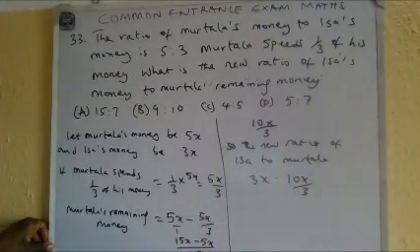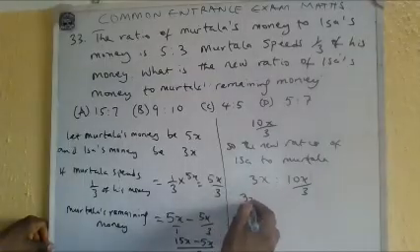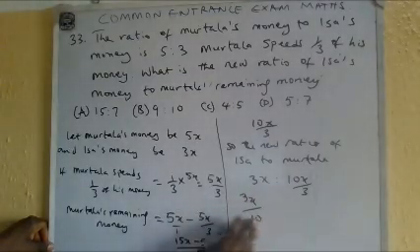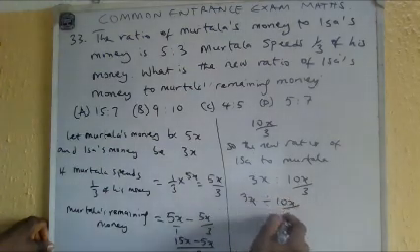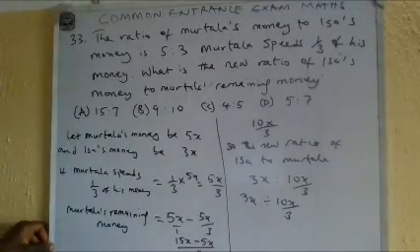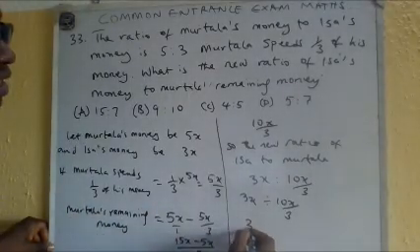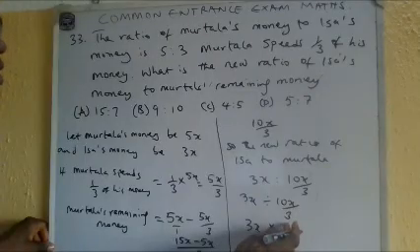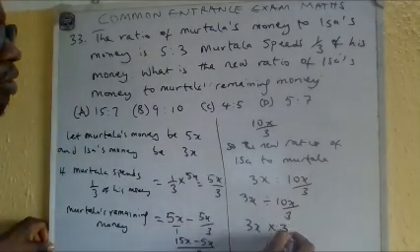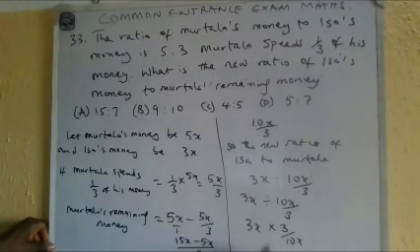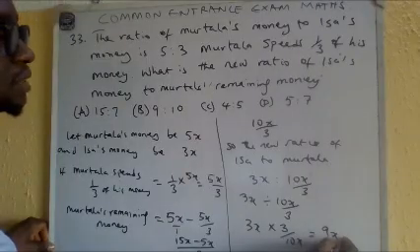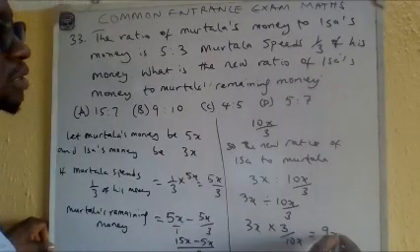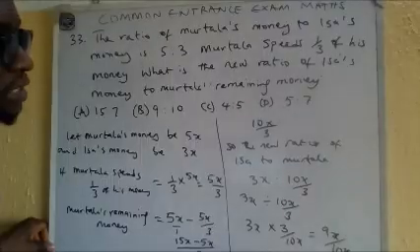So I say 3x divided by 10x/3. So when we do this one now, it will be 3x times, then this 3 will go up over 10x. So 3x times 3 is 9x/10x. So x cancels x. So the ratio is now 9:10.